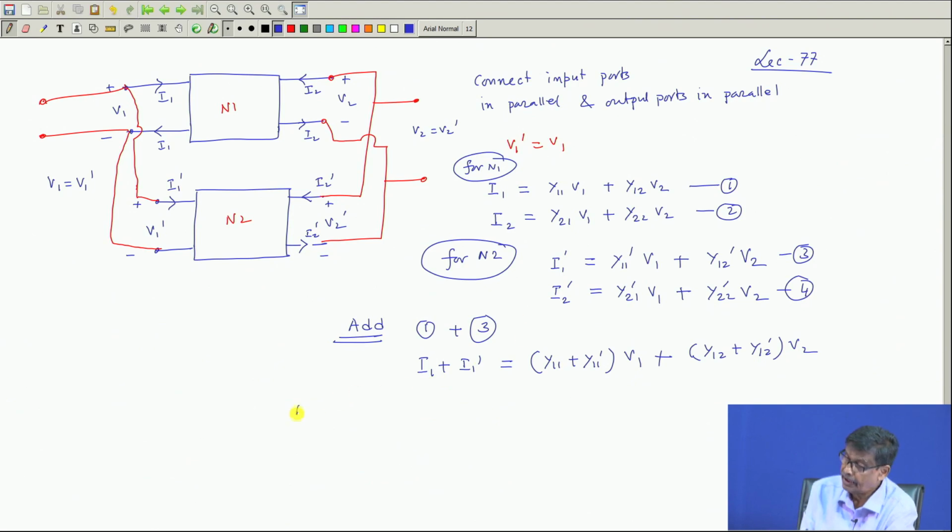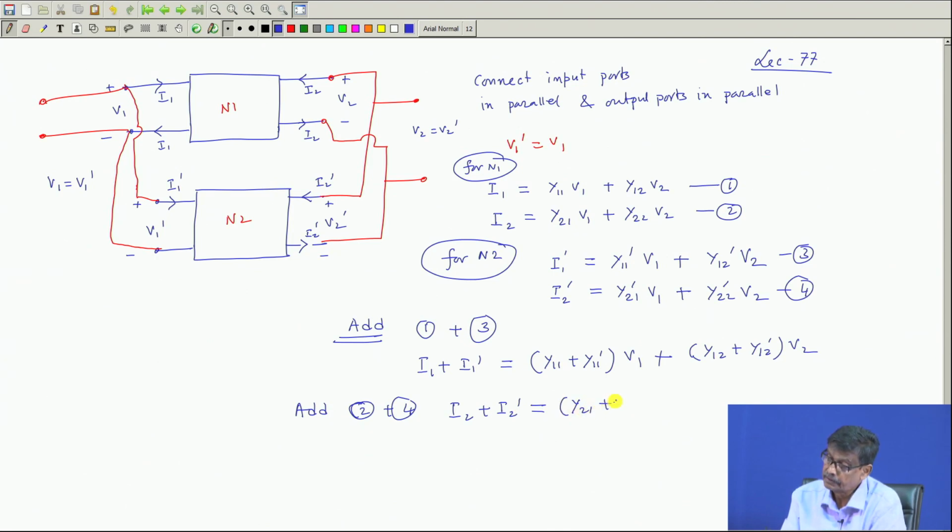Similarly, add equations 2 plus 4. If you add, you will get I 2 plus I 2 dashed is equal to y 2 1 plus y 2 1 dashed times V 1 plus y 2 2 plus y 2 2 dashed times V 2.